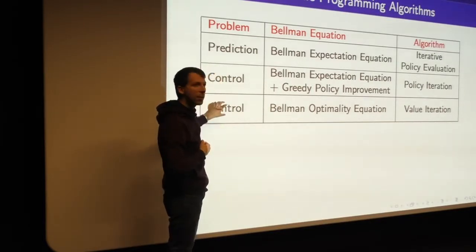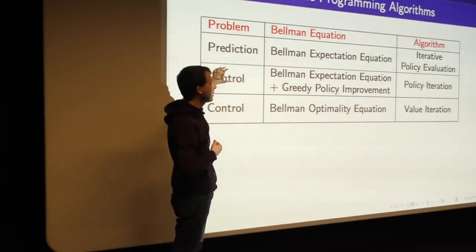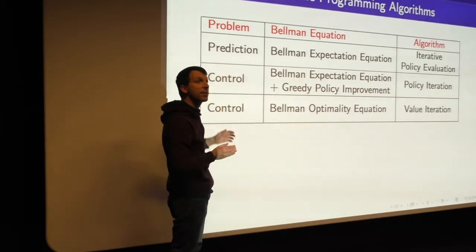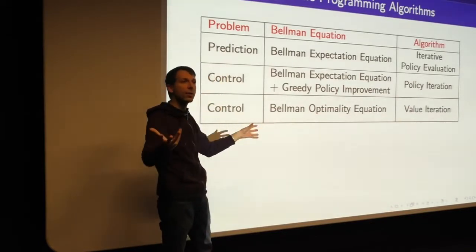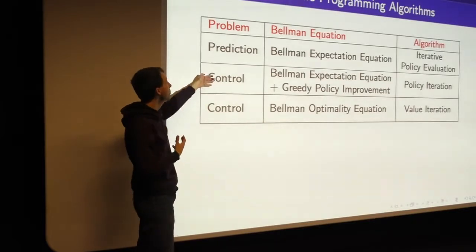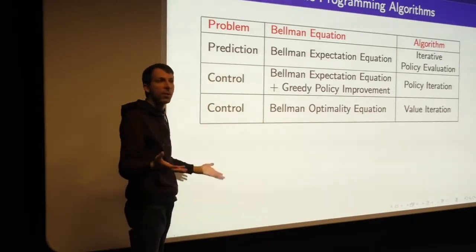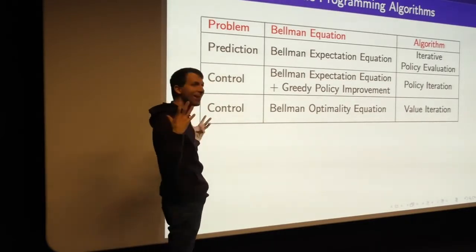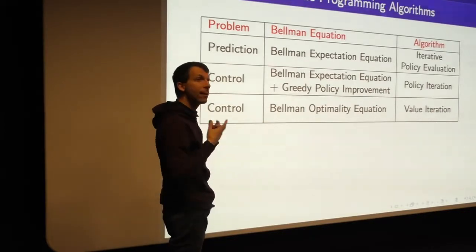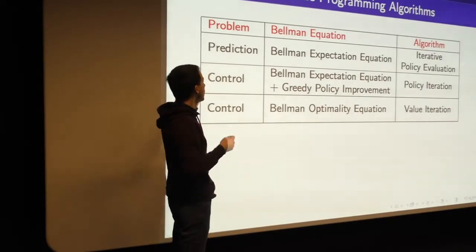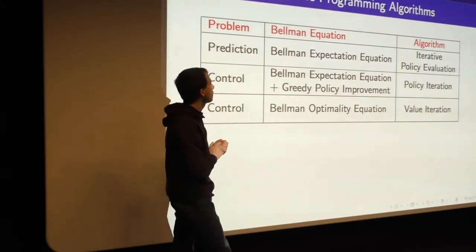Then we considered control. We considered two different ways to do control: first, policy iteration, and secondly, value iteration. These are two different families of algorithms that both address the same problem, which is how to get the most possible juice out of your MDP, how to maximize the total reward, how to find V star rather than V pi, and hence the optimal policy.